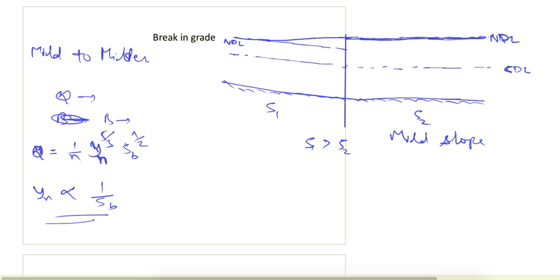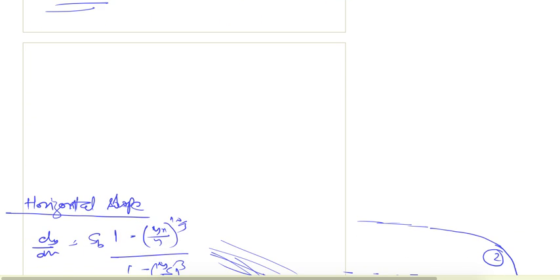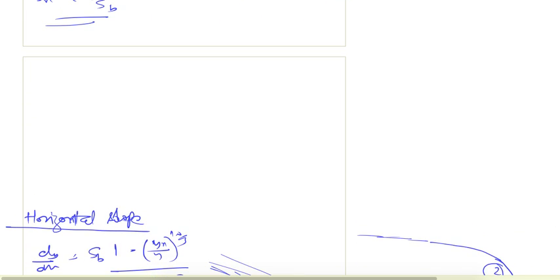So here we can define our slope as: this is in zone 1 and it is on a mild slope, so we write it as M1 profile. Similarly, next we can do milder to mild.